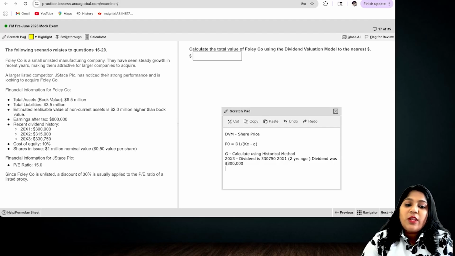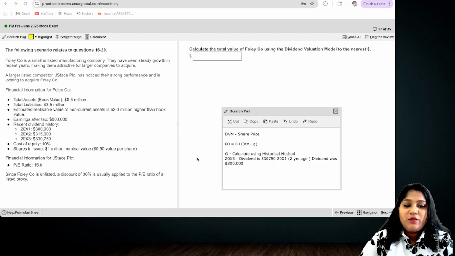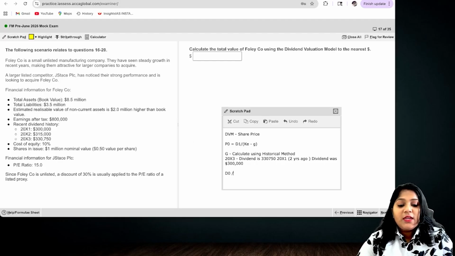So you can use the historical method to calculate the growth rate. How do we do it? The formula is the current dividend, D0, divided by the dividend n years ago, that is 2 years ago.